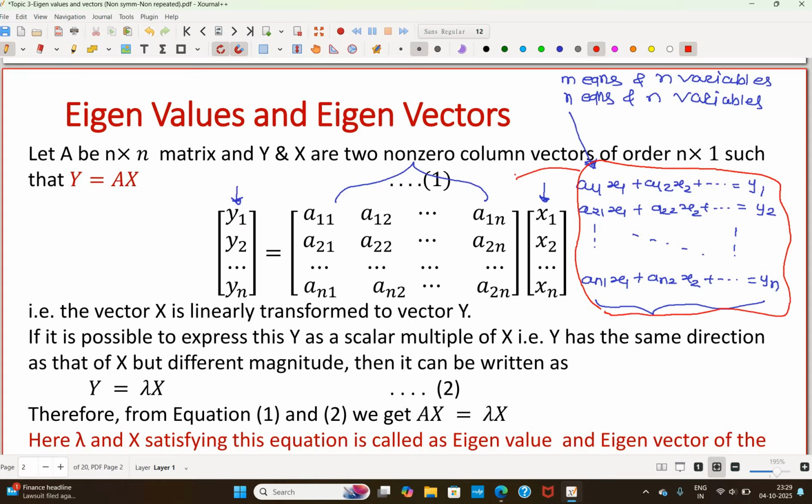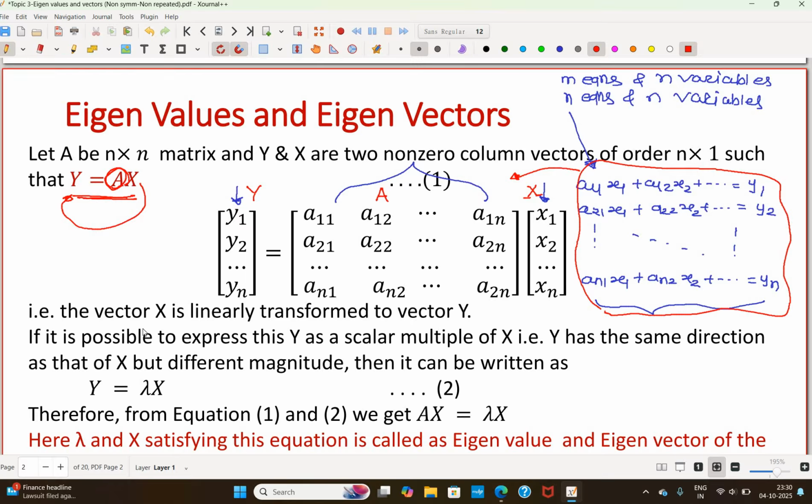All coefficients we are clubbing together in this matrix A, which is called the matrix of transformation. This is your matrix X and this is your matrix capital Y. So we are representing our system as y equal to ax, where x gets transformed to y by means of this A. That way we speak about this equation.